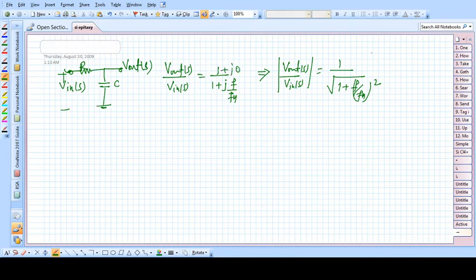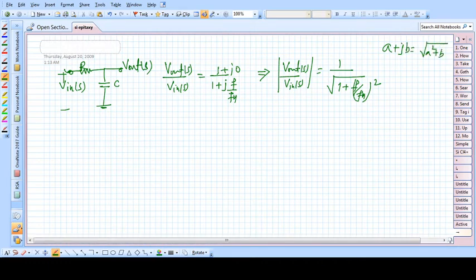We know the formula for a plus jb equals square root of a square plus b square. Using that formula we can write 1 by square root of 1 plus f by fh whole square. Now we have to plot this one. To plot this one, what are we doing?